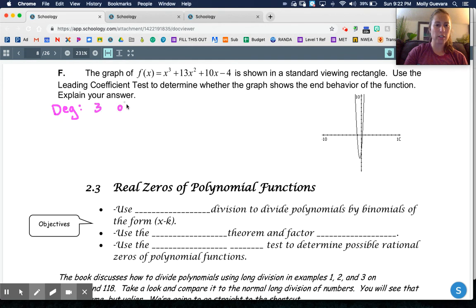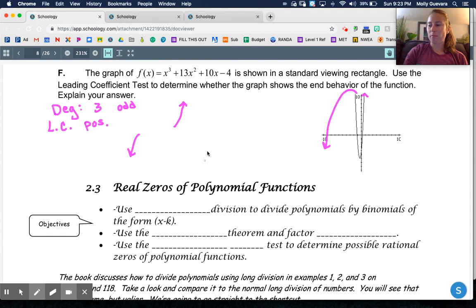So it's an odd degree. And the leading coefficient is positive. So this tells me that the function should be doing something like this. But when I look here, right, that definitely is not what it shows me. I'm missing something coming down here. So the graph actually loops around and does something like that.